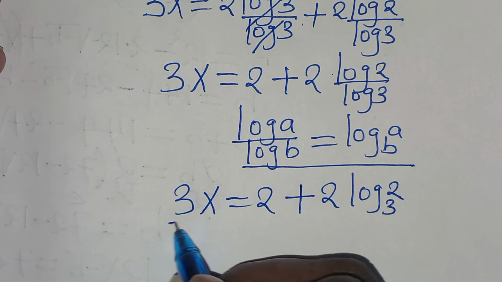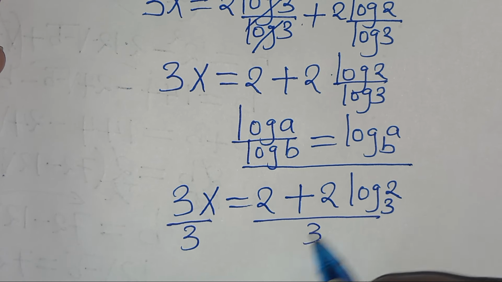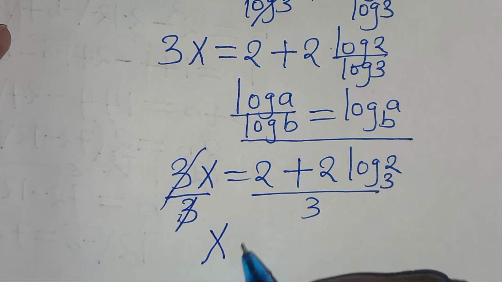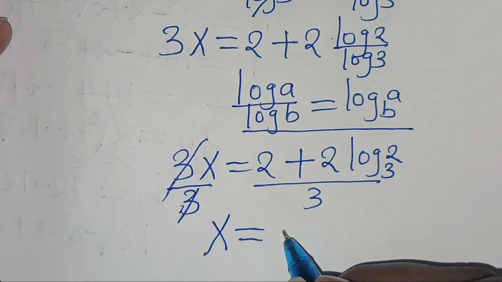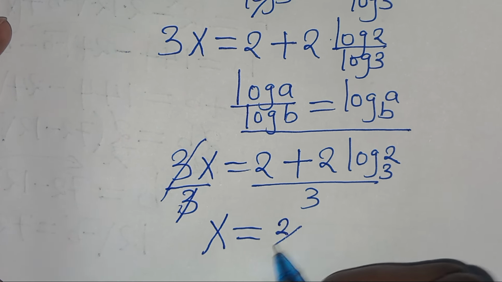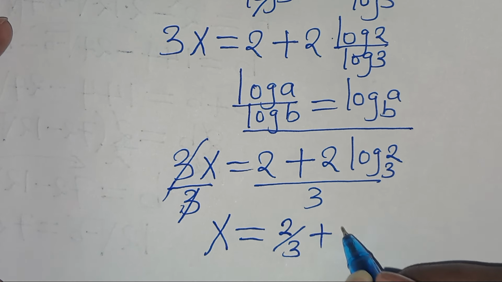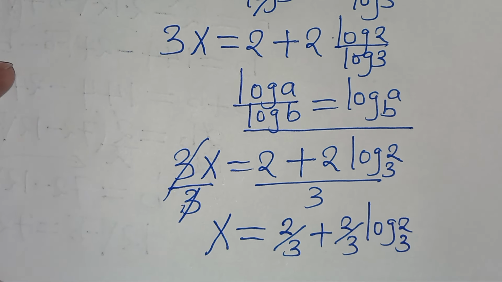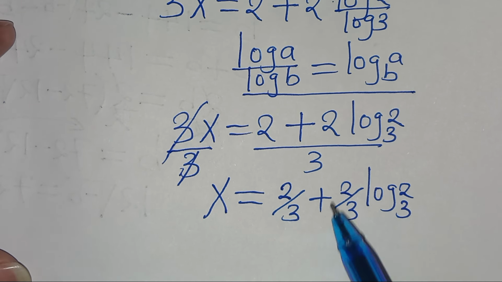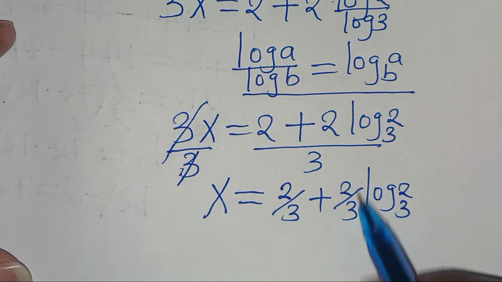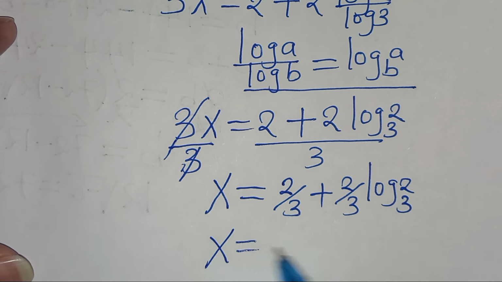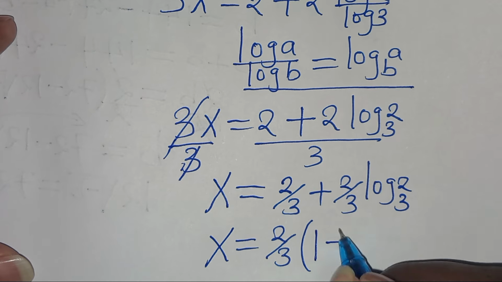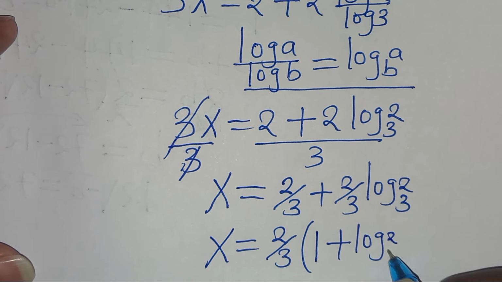Now the next step is to divide both sides by 3, so that 3 and 3 here simplify, and this implies that x is equal to 2 over 3, then plus 2 over 3 log 2 to base 3. You can see that we have 2 over 3 common here, so we can factor out 2 over 3 into the parenthesis. This is 1 plus log 2 to base 3.